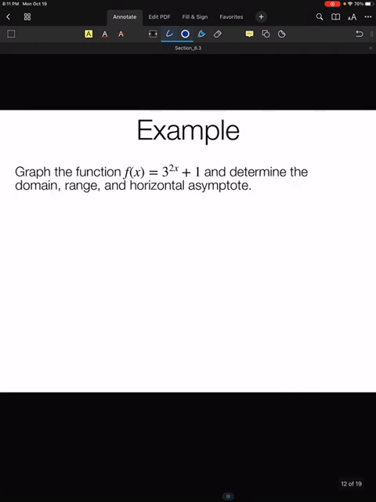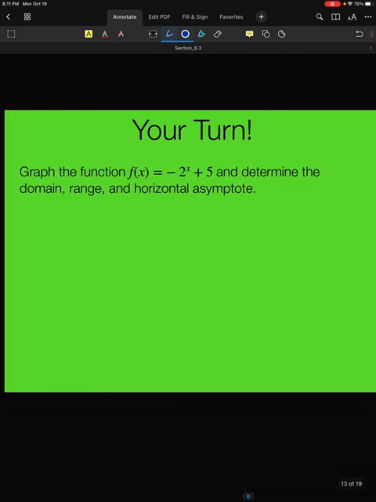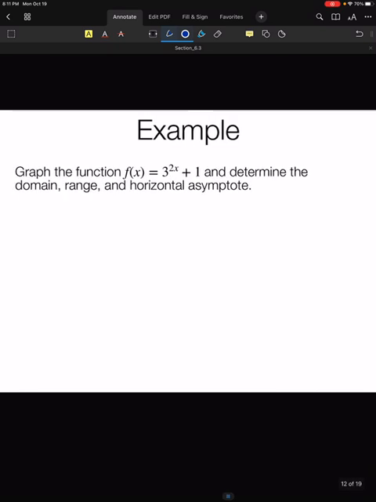Okay, so now let's do a quick example, okay, and then of course you'll have a your turn. So what we have here is a graph of the function f of x is equal to 3 raised to the 2x plus 1. 3 raised to the 2x power plus 1. Okay?